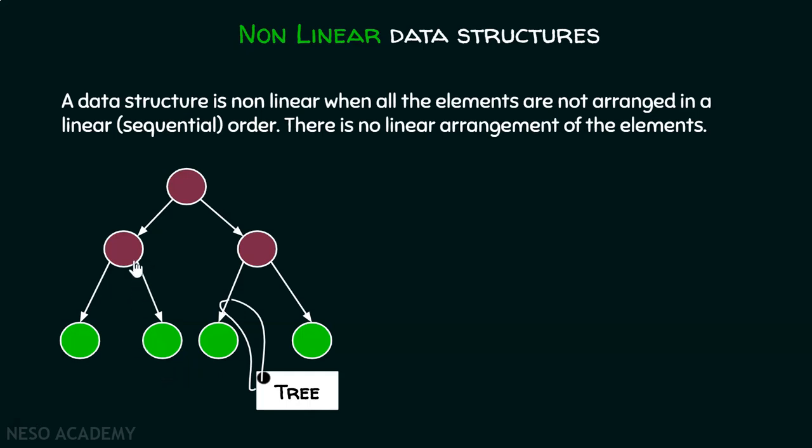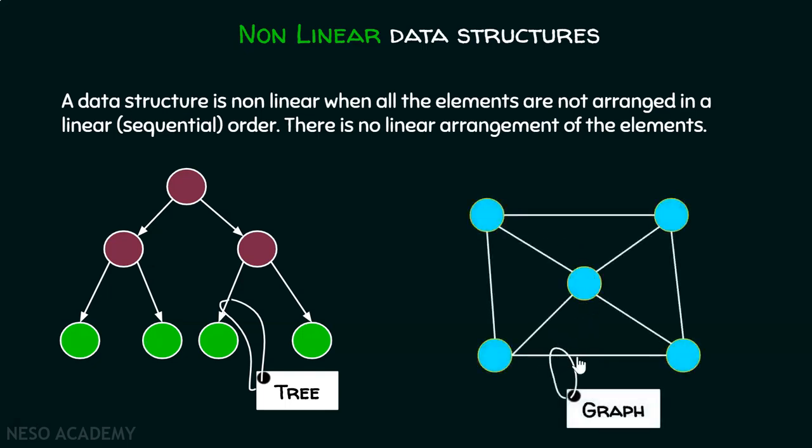You can see here that each node does not have one predecessor and one successor. This node has one predecessor, but it doesn't have one successor. It has two successors, right? So it is clear from this fact that this data structure is not a linear data structure. We have another example, that is graph. Graph is also a non-linear data structure.